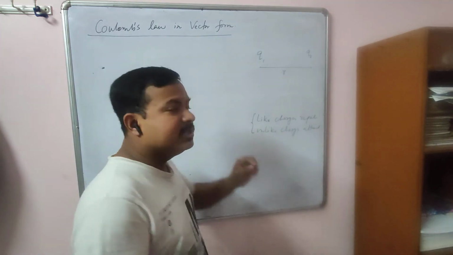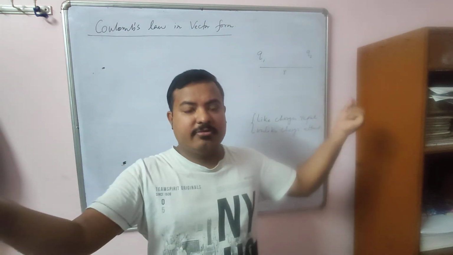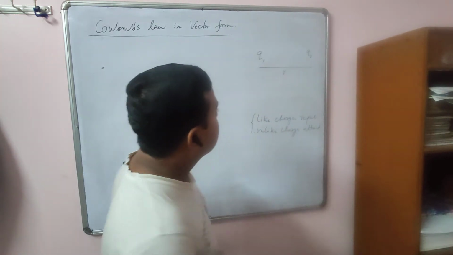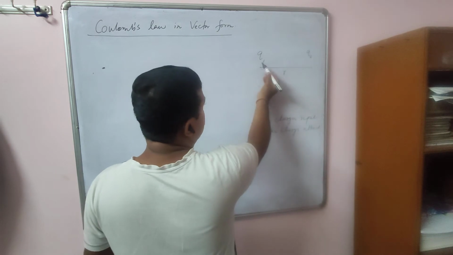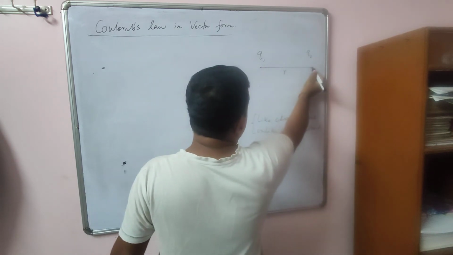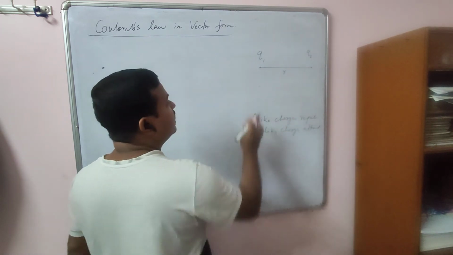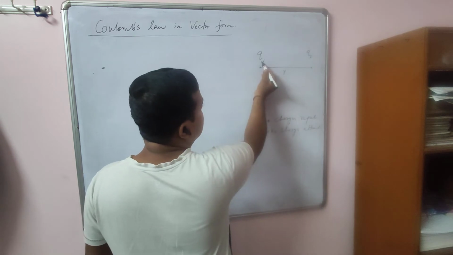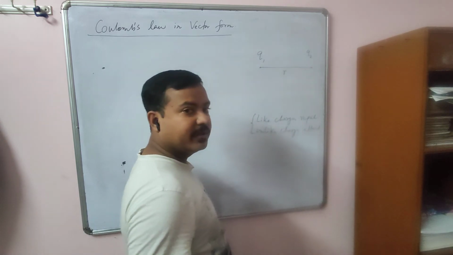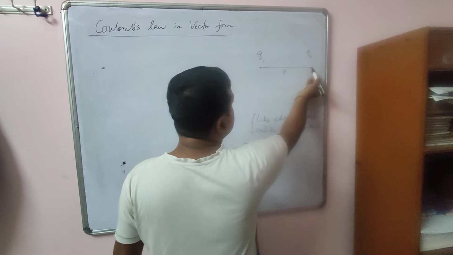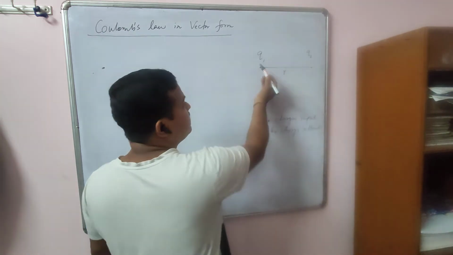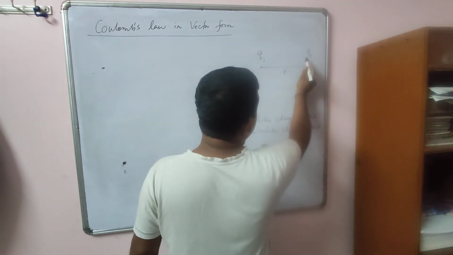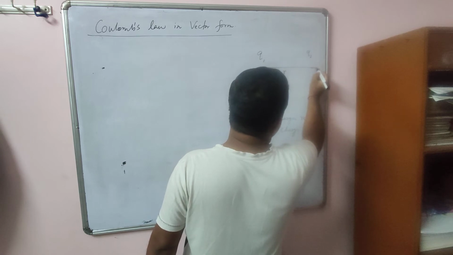Repel means move away, attract means come closer. By convention we are using two positive charges. Q1 repels Q2, and similarly Q2 repels Q1. Since Q1 repels Q2, Q2 will move along this direction.